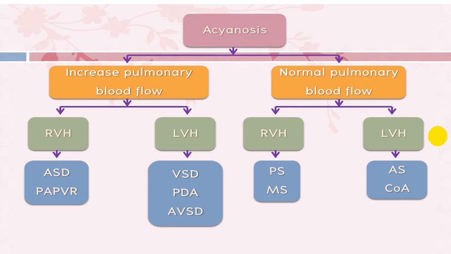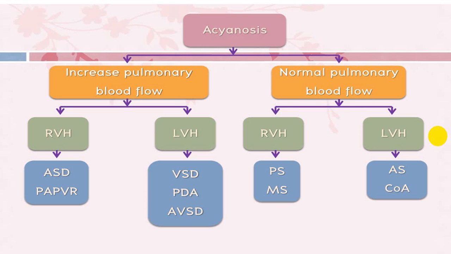It can be a cyanotic heart disease group, but by and large, ASD, VSD, PDA, and atrioventricular septal defect become the most common causes as far as acyanotic congenital heart disease is concerned.